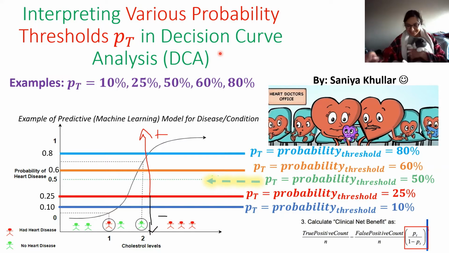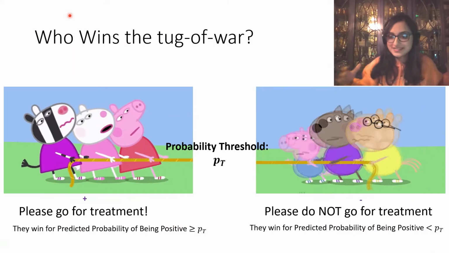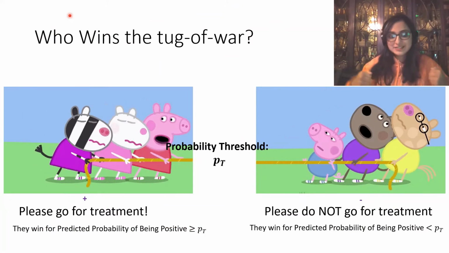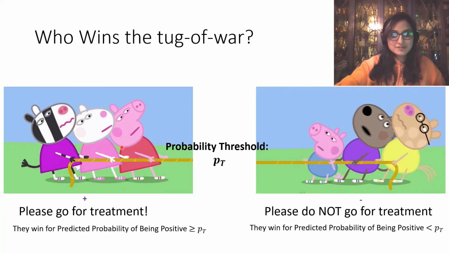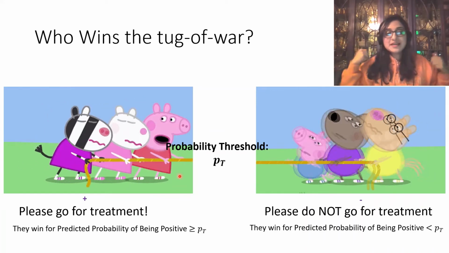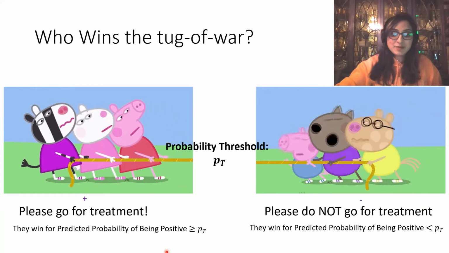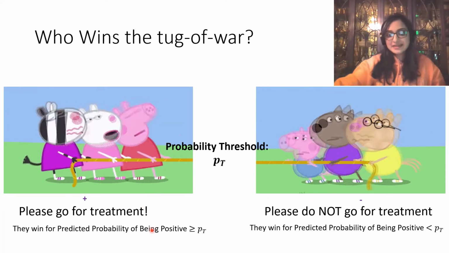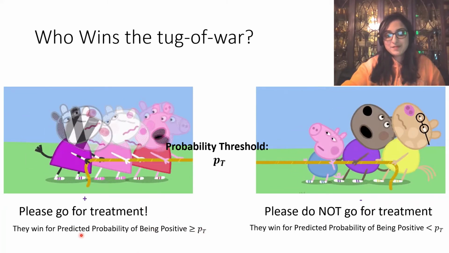So let's get started. Who wins the tug of war when we're looking on two sides for a probability threshold? Either we can go for treatment and these little ones are pulling in that direction, and if we're going for treatment, they win if the predicted probability of being positive, of being in the class that needs treatment, is greater than or equal to some probability threshold.